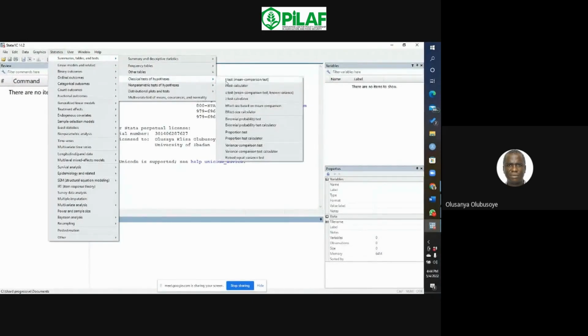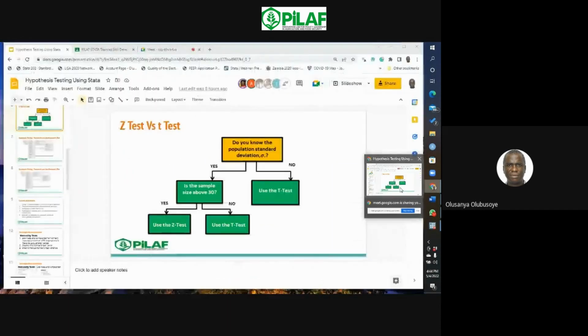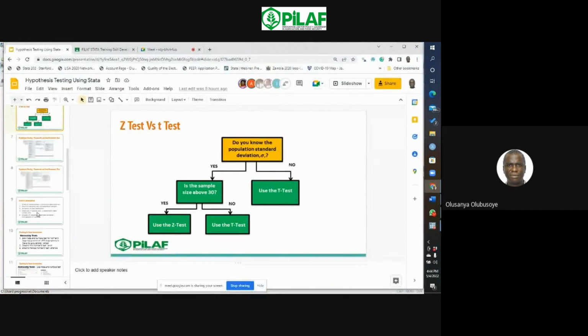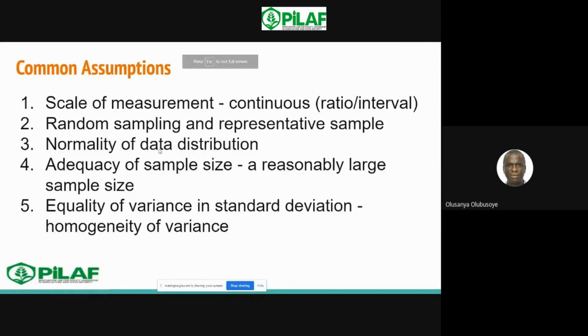So what makes the difference between parametric and non-parametric? It is the underlying distribution, which I earlier mentioned to you. All parametric tests, they have these underlying assumptions, the t-test and the normal test.